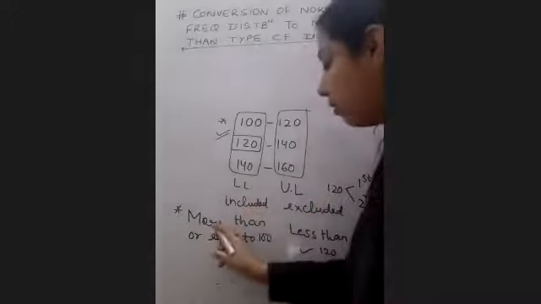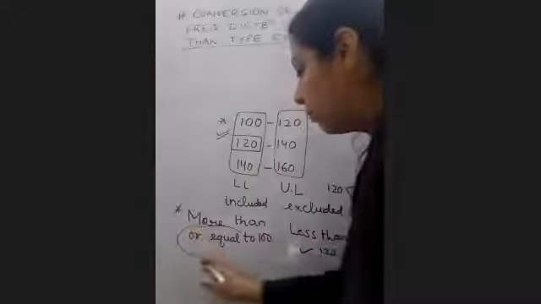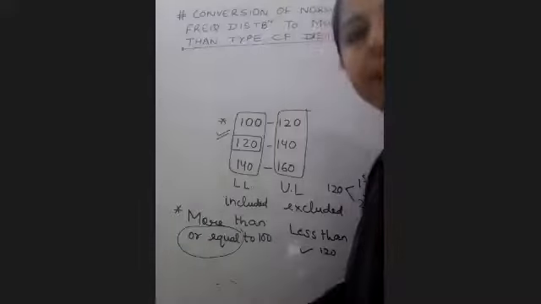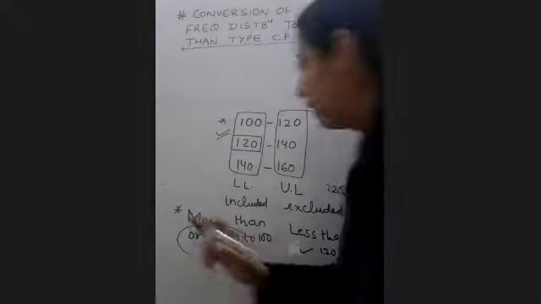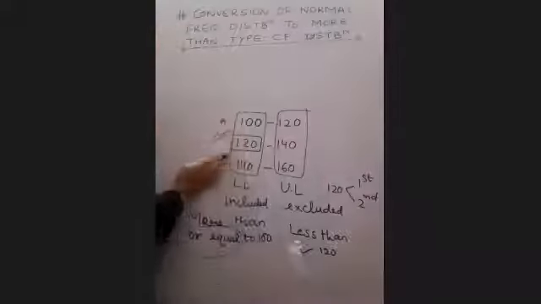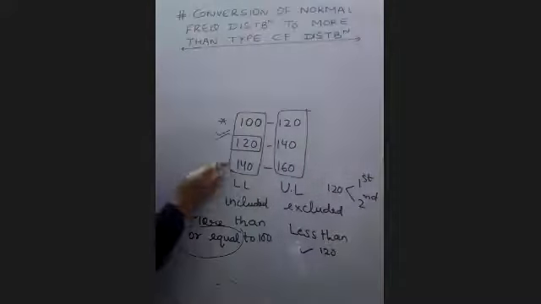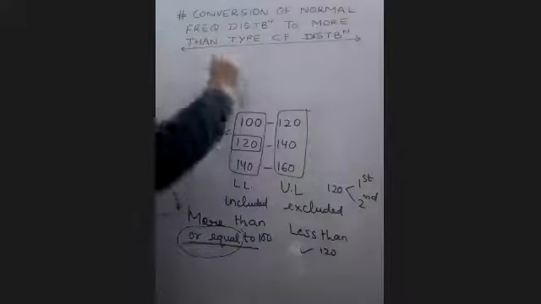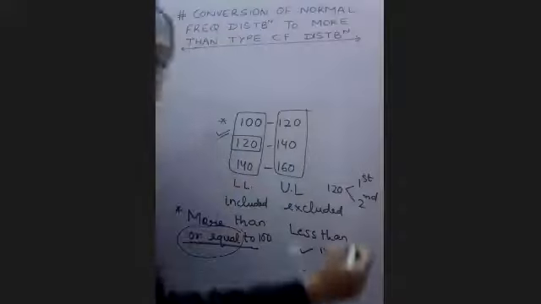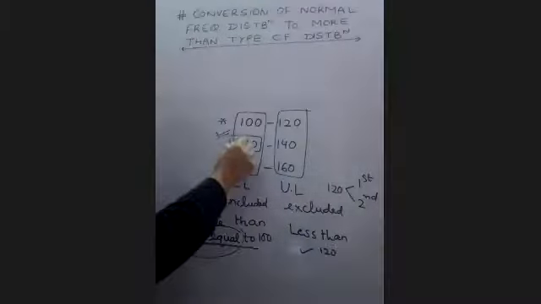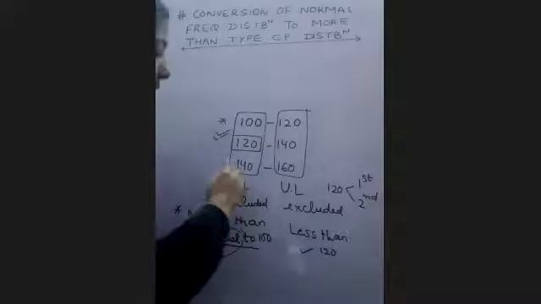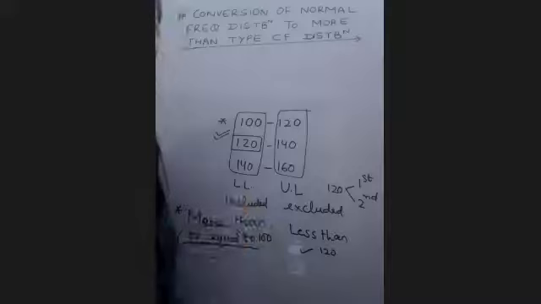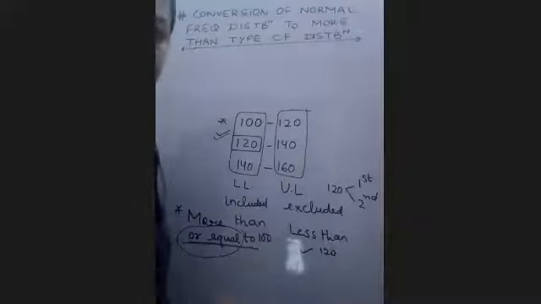But when we are talking of more than, we add this term also, because these lower limits are always included. So just a word more to be added. Not only more than, but more than or equal to 100, more than or equal to 120, more than or equal to 140. Are you with me, children? Yes, ma'am.